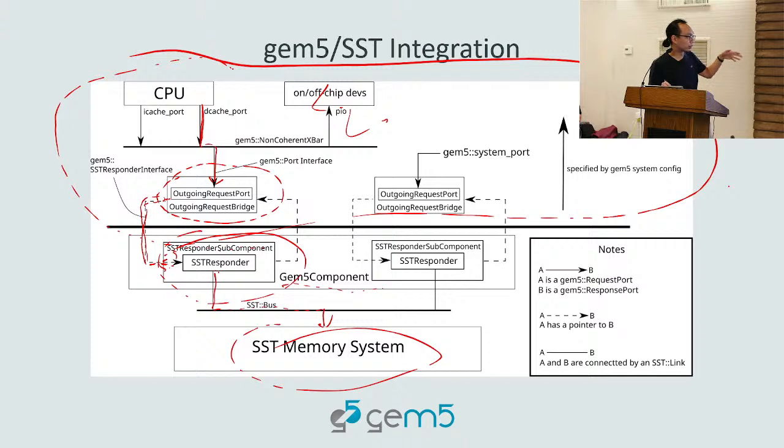The other way around, you can send a response from the SST memory back to the CPU. It looks something like this. The SST memory system sends the response back to the SST responder, which triggers the owner of that responder function, which in turn sends the response.